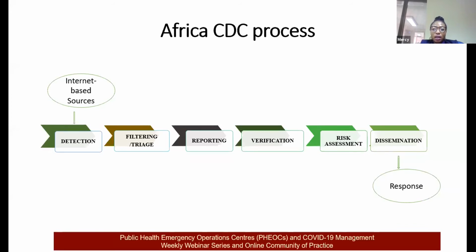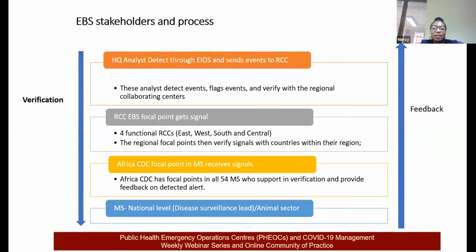Next slide. So the HQ analyst detects. We use EIOS, we use TweetDeck, that's Twitter, where you can create multiple pages to monitor the trend of a particular hashtag just to detect.